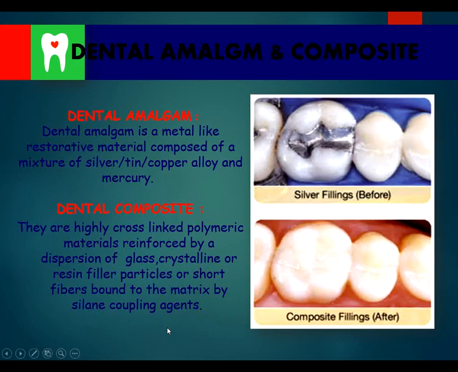And on the other hand, composites are highly cross-linked polymeric material reinforced by a dispersion of glass, crystalline or resin filler particles or short fibers bound to the matrix by silane coupling agents. In the picture you can see silver amalgam filling is replaced by composite filling and it looks more aesthetically good.